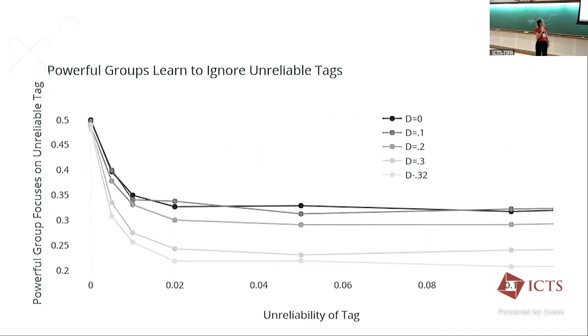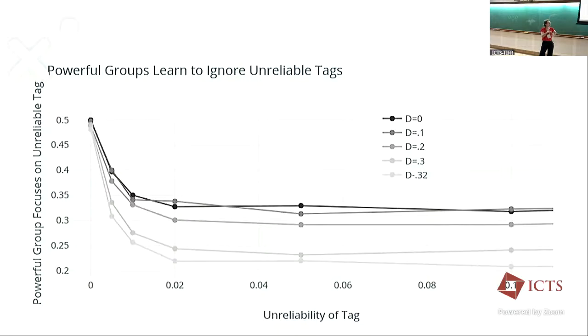Then this is how often they end up focusing on the unreliable tag. When it's actually still perfectly reliable, they pay attention to it half the time. Doesn't matter which one they pay attention to, they both identify outgroup. As it gets worse and worse at identifying outgroup, they stop evolving to pay attention to it as often. They start paying attention to the one that can identify outgroup.